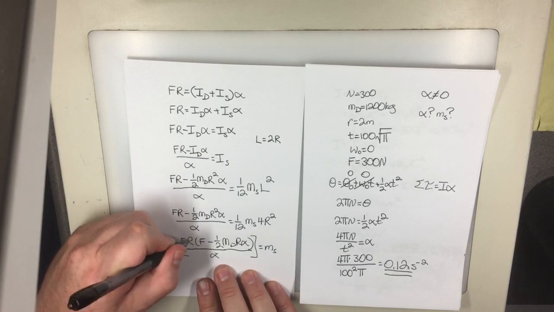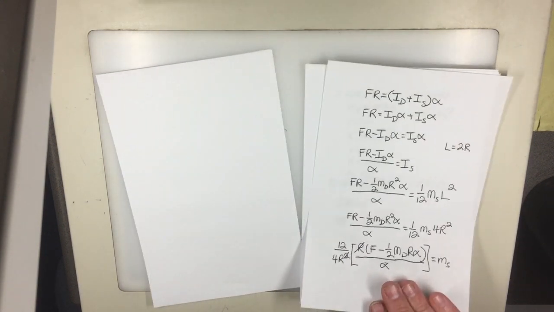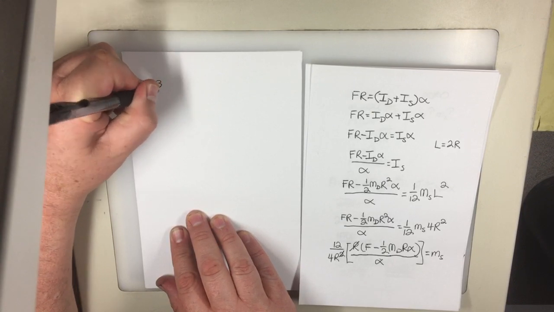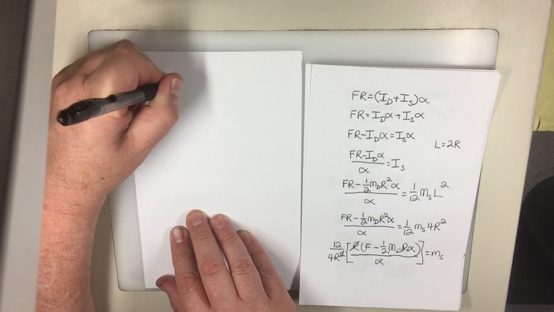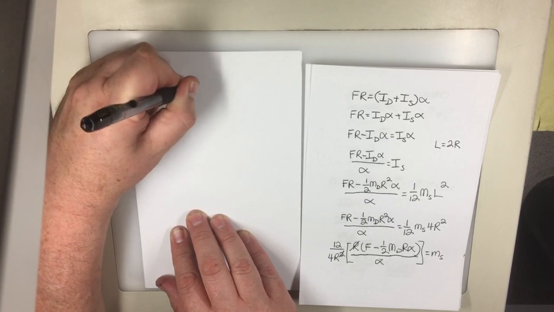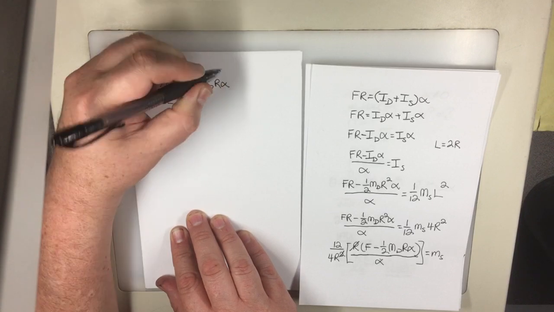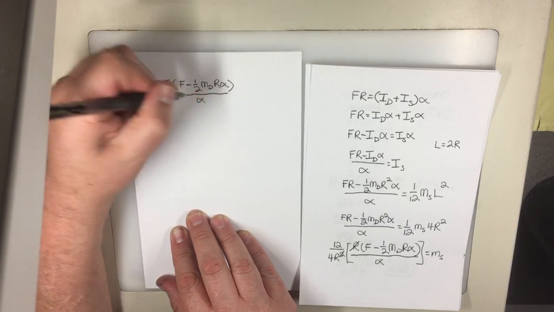Now, one of these r's cancels with that r, and simplifying, I end up with 3 over r times F minus 1/2 m_d r alpha, divided by alpha.